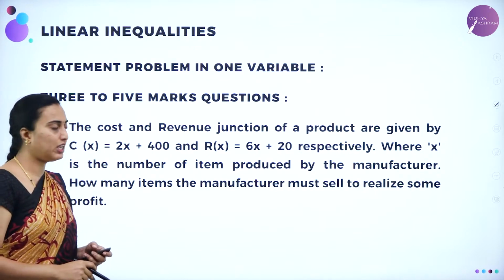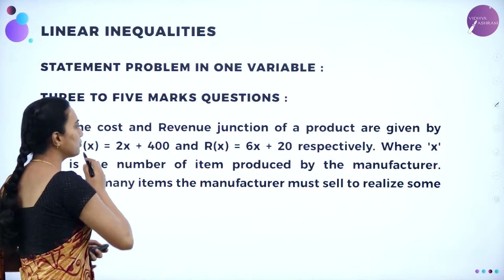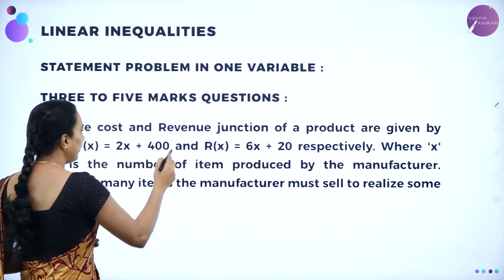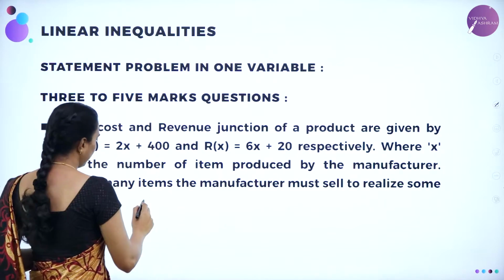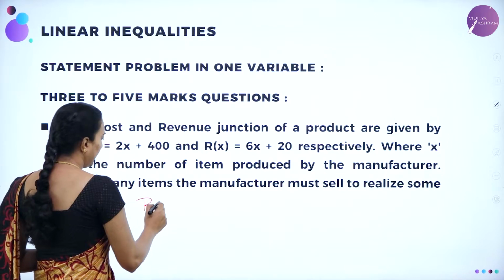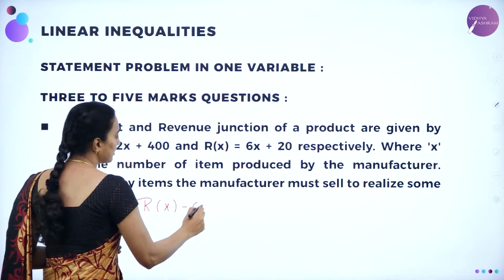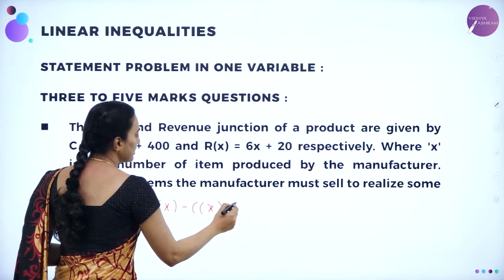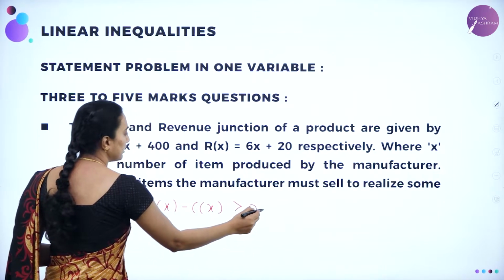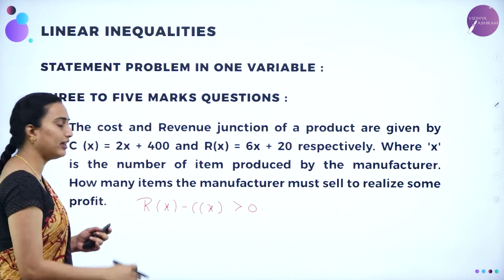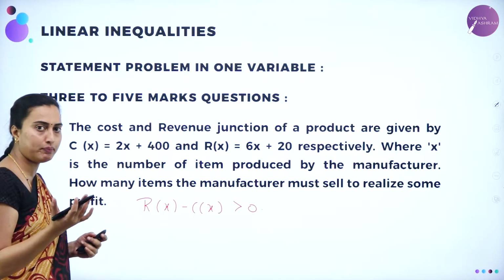Profit is given by revenue minus cost. So revenue minus cost should always be greater than 0, because to gain a profit it must be positive.